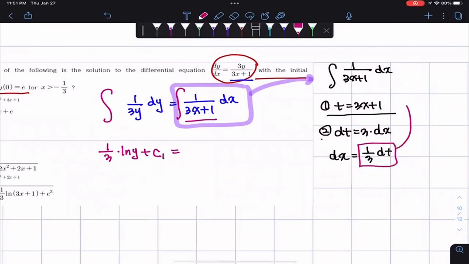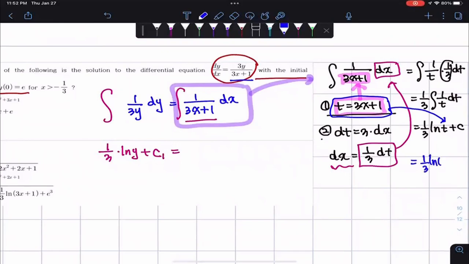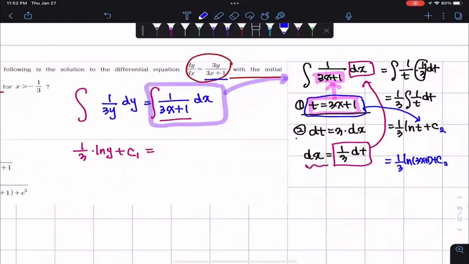Plug in this value instead of dx, and this value instead of the denominator. So the integral of 1 over t times 1 over 3 dt. Extract the fraction: 1 over 3 ln t plus c. The third step is to plug in the value again: 1 over 3 ln of 3x plus 1 plus c2, anything.